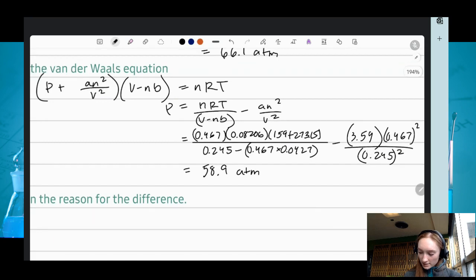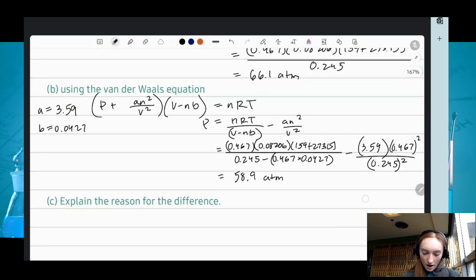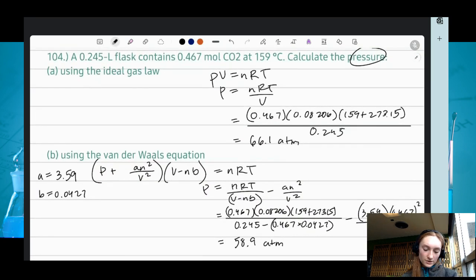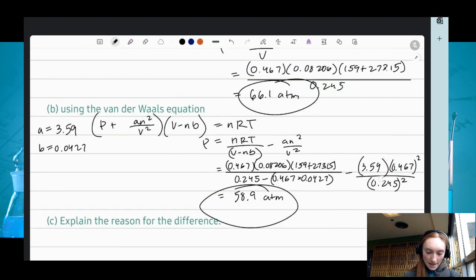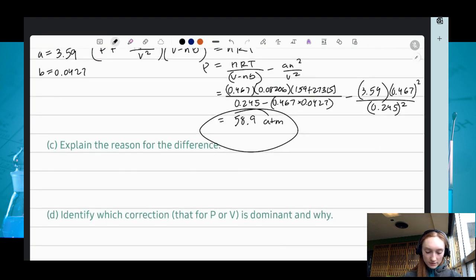So because our van der Waals equation accounts for the fact that it's not ideal, it's accounting for some attraction, it's accounting for stuff taking up space, our pressure is actually less than the ideal situation. And so the reason why this could be is, actually that's the answer for C and D technically.